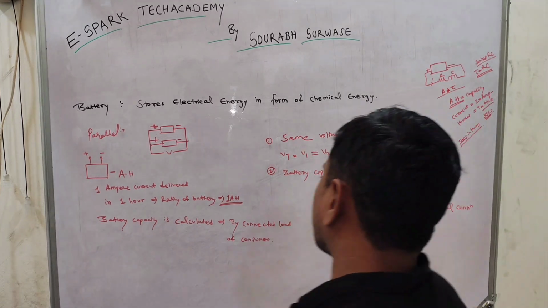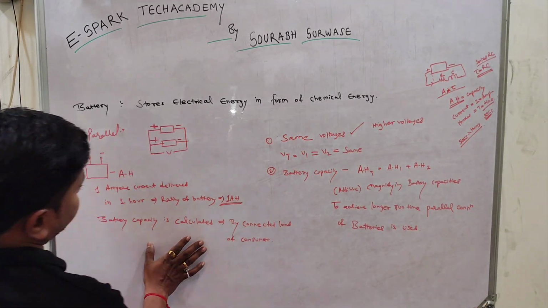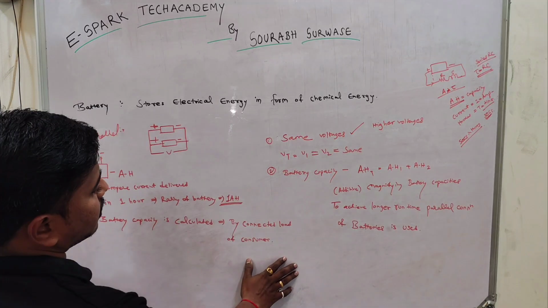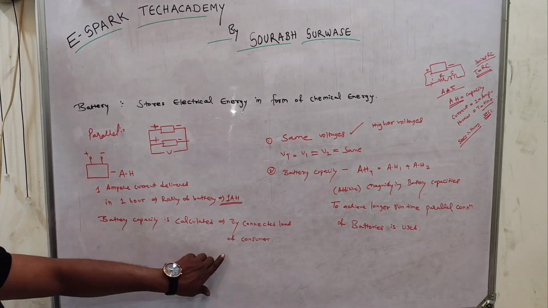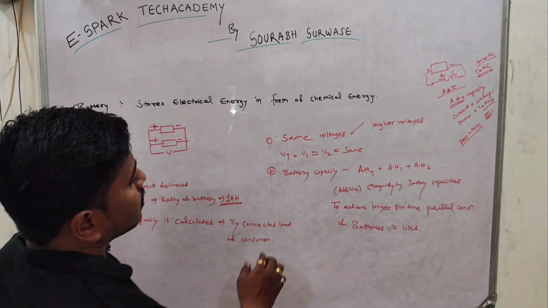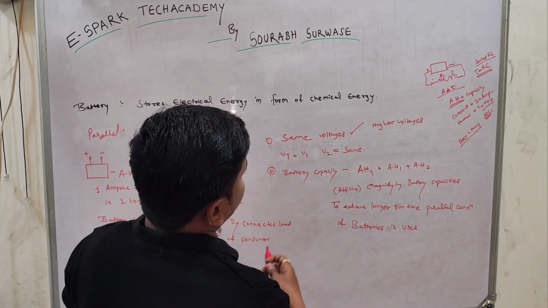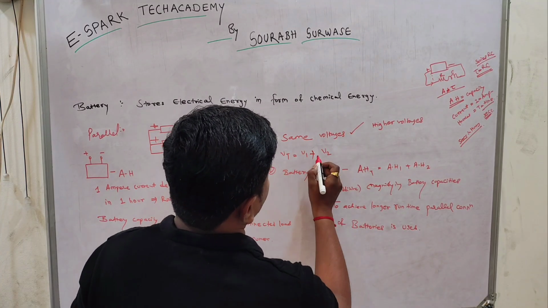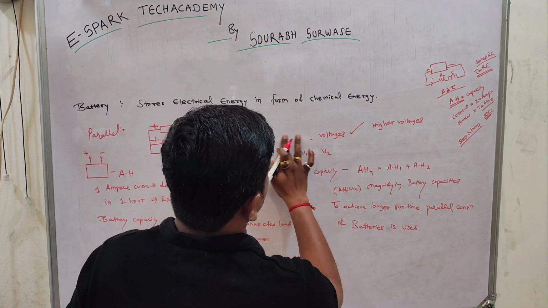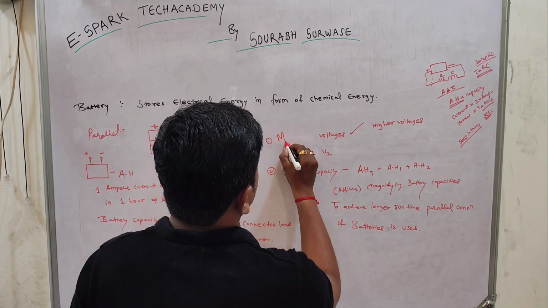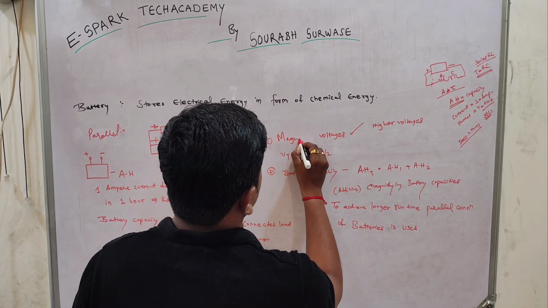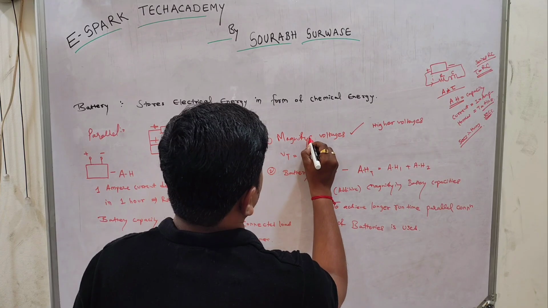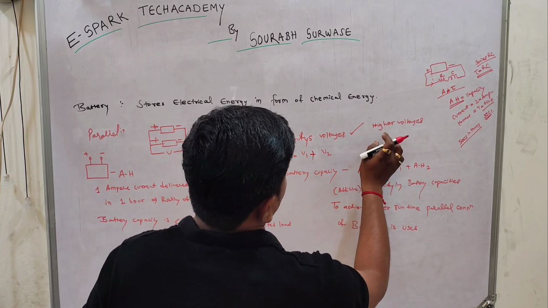In the same way, battery capacity is calculated with the help of the connected load of the consumer. Now in series connection the voltages get added, V1 plus V2, which magnifies the voltage.